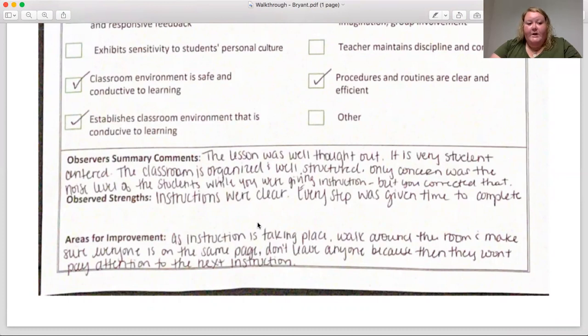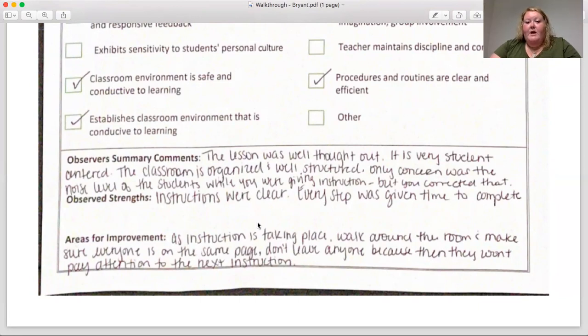The only concern was the noise level of the students while you were giving instruction. And so you did correct that behavior, but you continued on with instruction, knowing that kids weren't listening. And so that was again after instruction, you did make a comment.